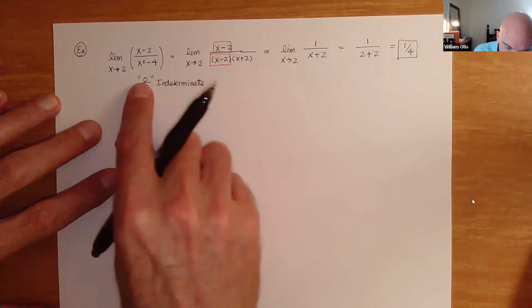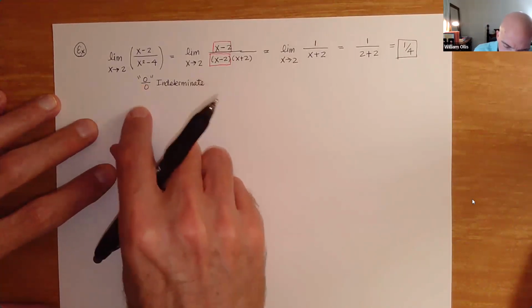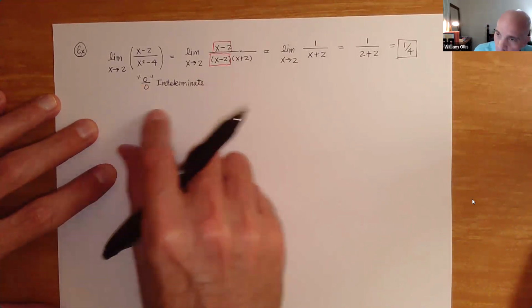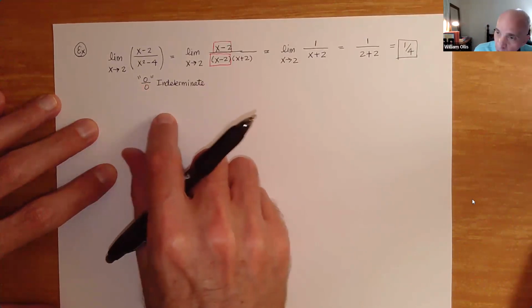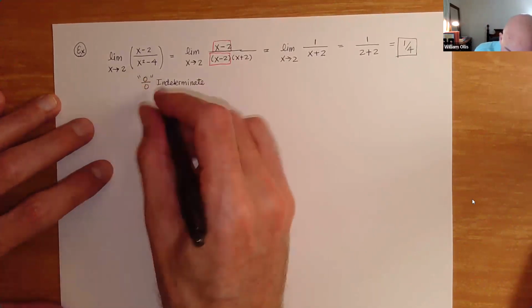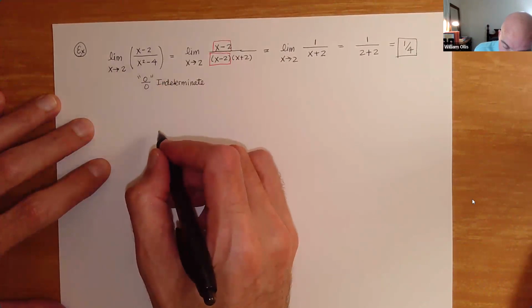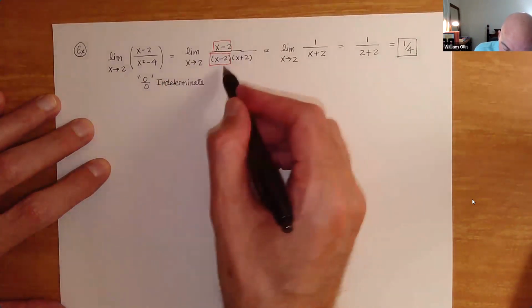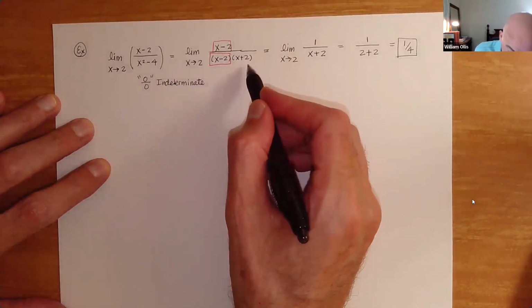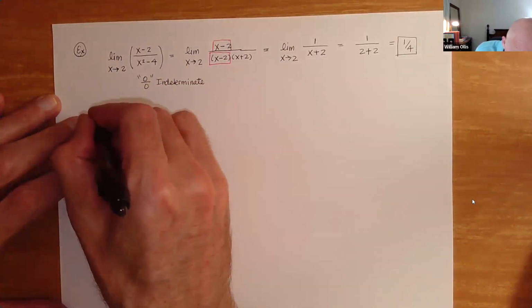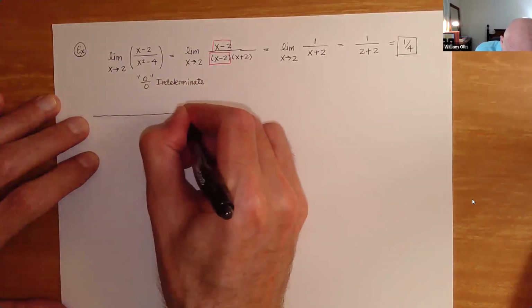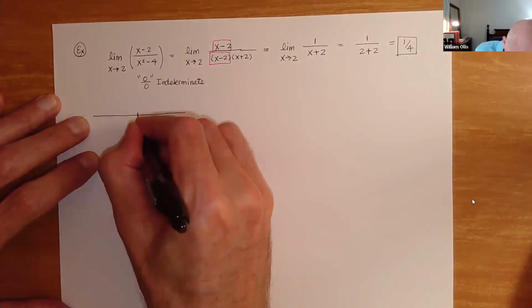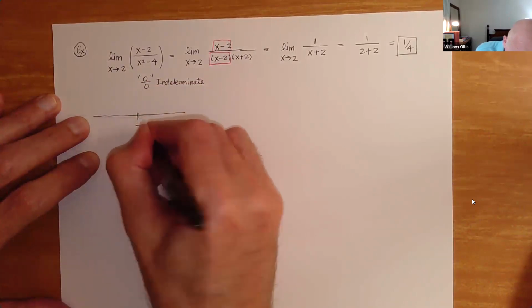So if you look at this problem and consider an alternate value of c, now we want to look at maybe negative 2. I'm just going to draw a number line here and put in negative 2.